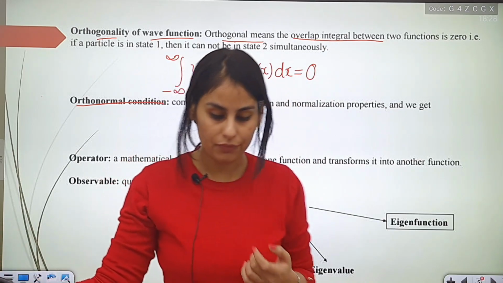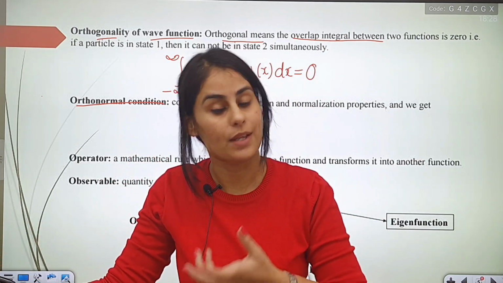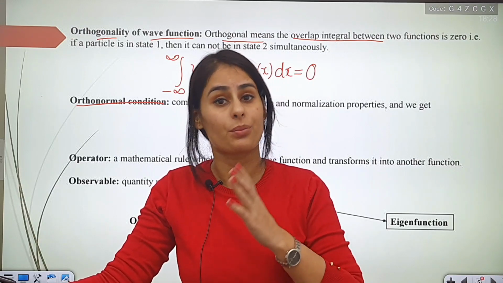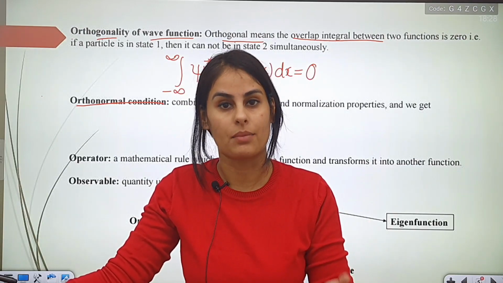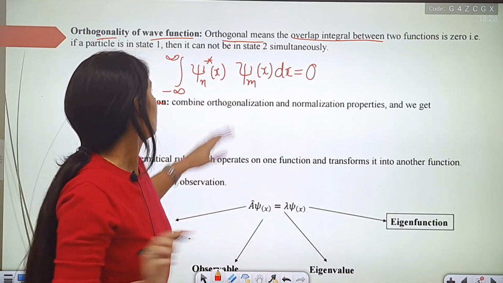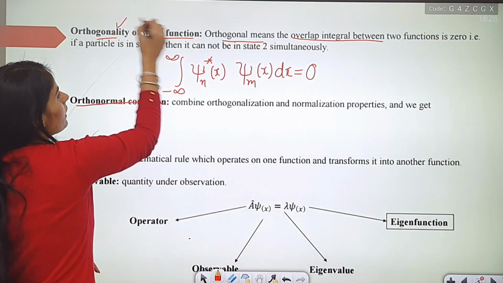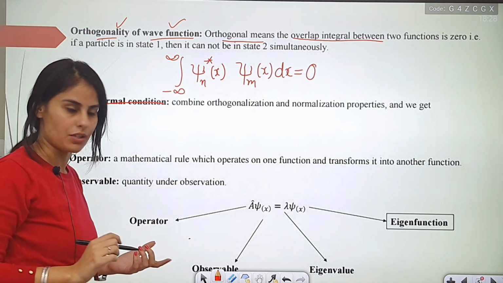That means if a particle is present in energy eigenstate 1, it cannot be in 0 at the same time. So this is known as the orthogonality of a wave function.